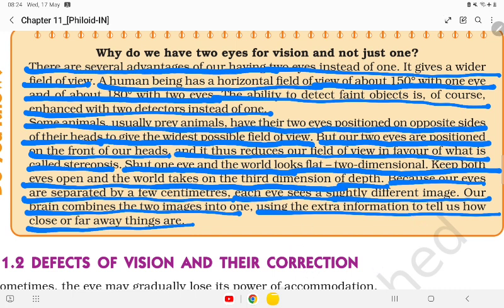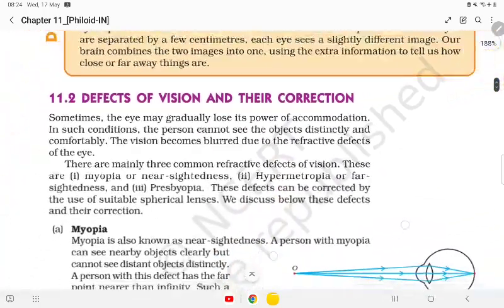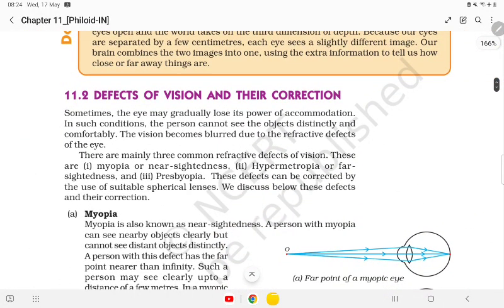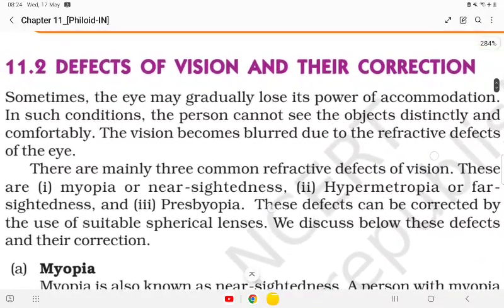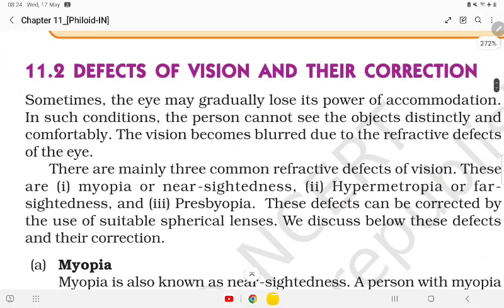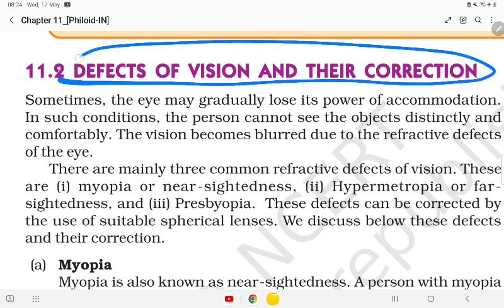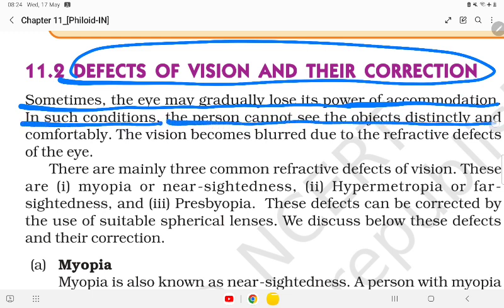Next we are going to understand, student, defects of vision. This is our next topic. Sometimes the eye may gradually lose its power of accommodation. In such a condition, the person cannot see objects distinctly and comfortably.